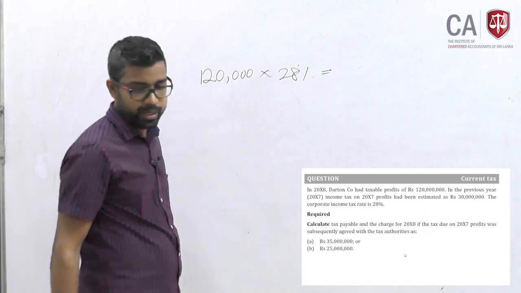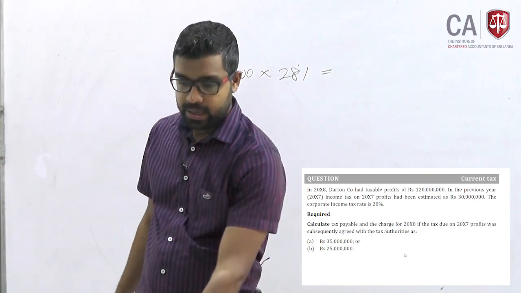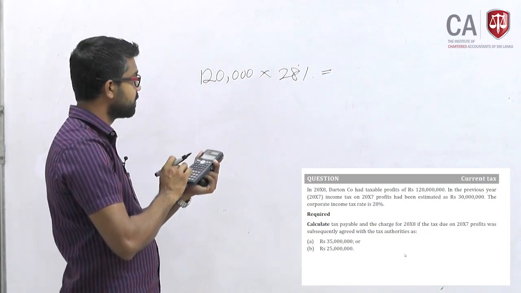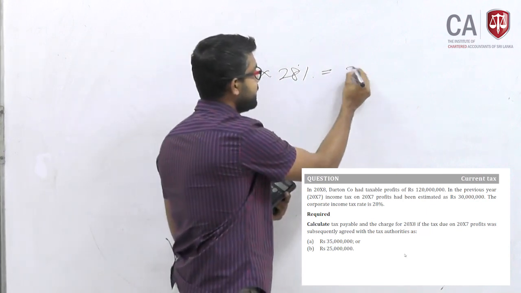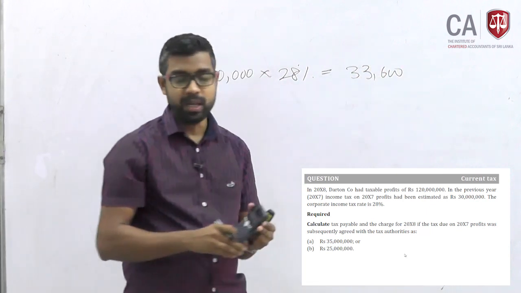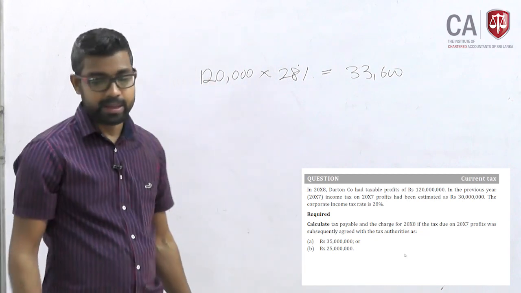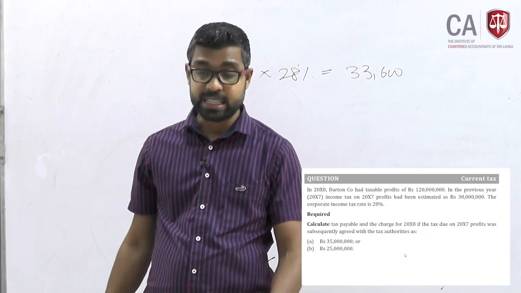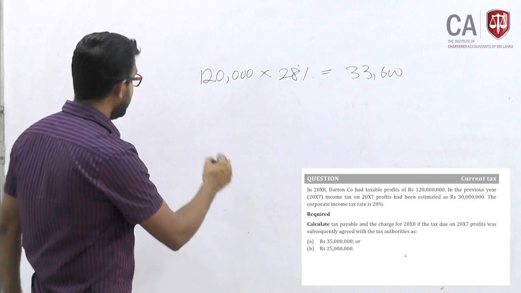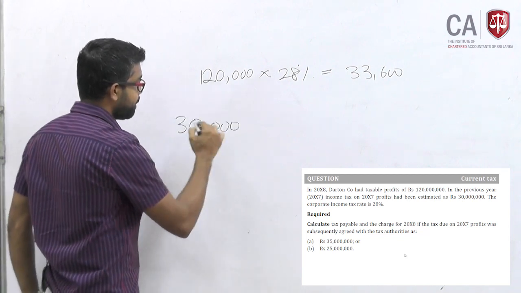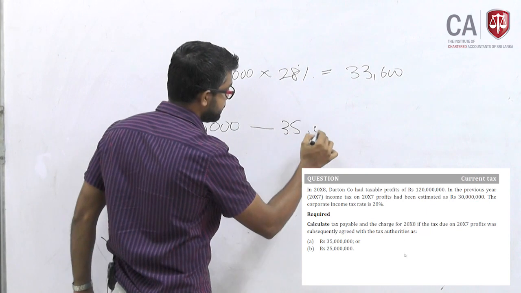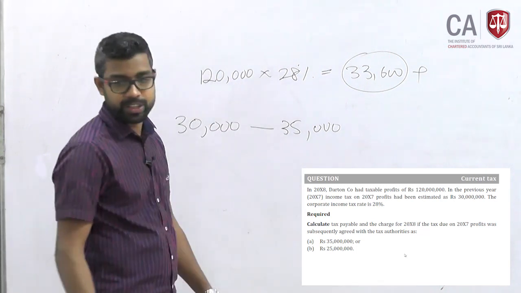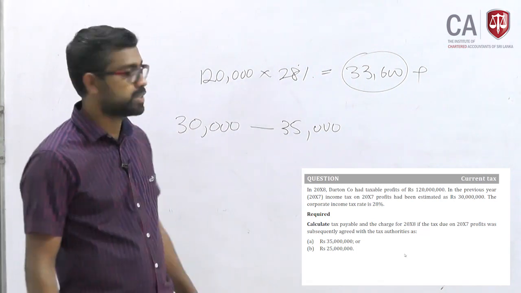So 120,000 into 28% is 33,600. This is the actual tax liability in 2008. Now the question is, the tax authorities have finalized last year's tax figure at 35 million. Earlier the provision was 30,000. Now it has been revised to 35,000. This year's charge is 33,600. The question is how much you charge to P&L in 2008.